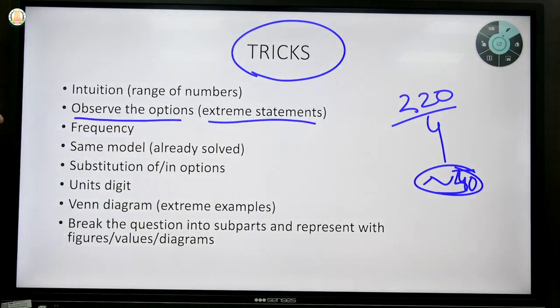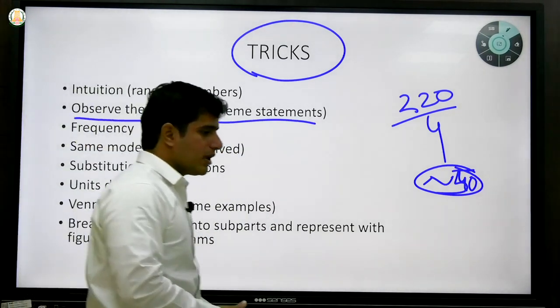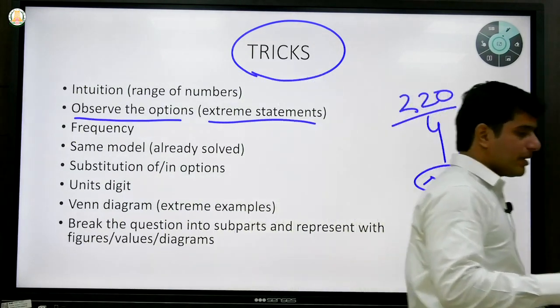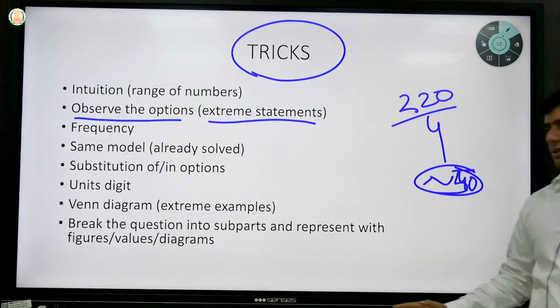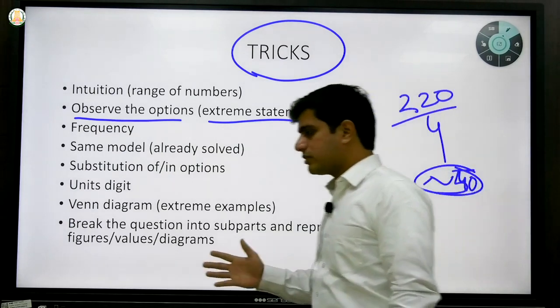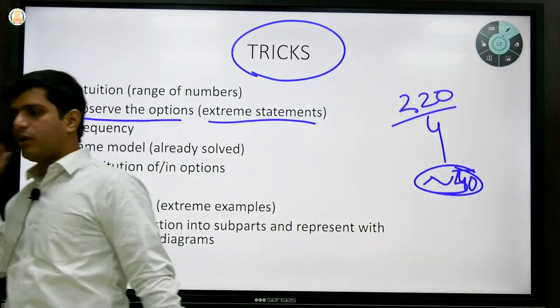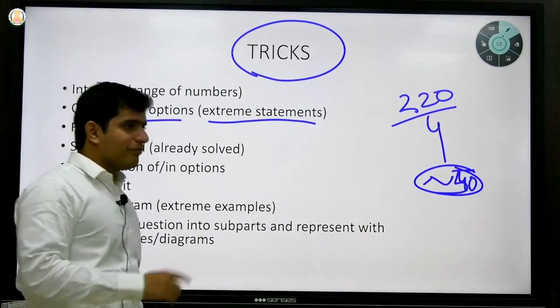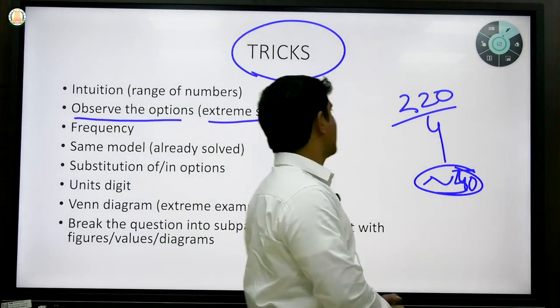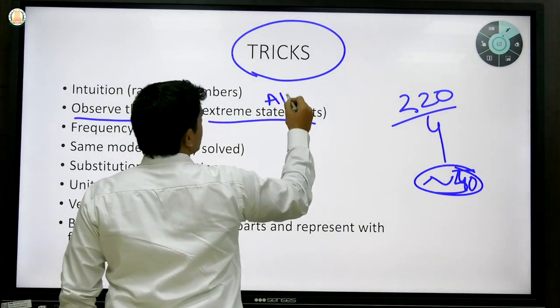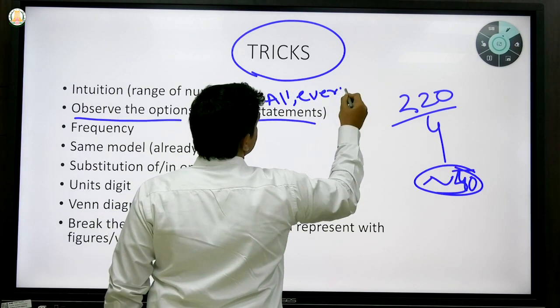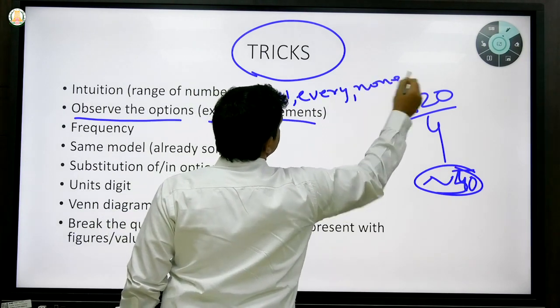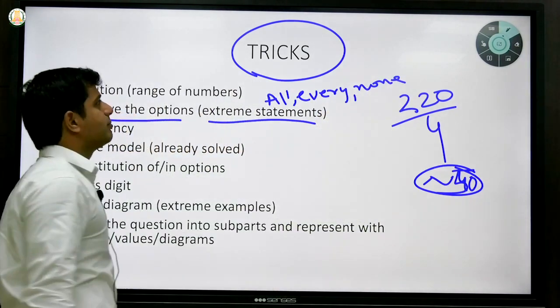Now observe the options. They'll give you extreme statements. Like all almirahs are mobiles, or all radios are mobiles, or they'll say no radio is a mobile and every radio is a mobile. So when they come with all, every, none, all these are extreme statements. Be a little careful.